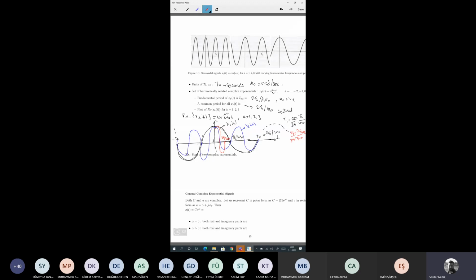All of them have the common period 2 pi over omega 0. So the individual signals have individual fundamental periods, but all of them are periodic with 2 pi over omega 0.